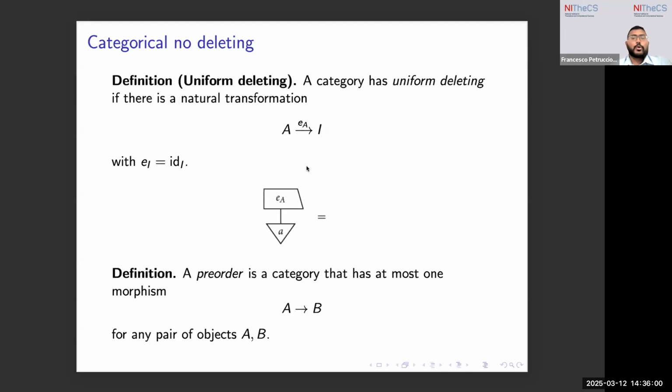So it turns out with this notion of uniform deleting, we get the no deleting theorem in the categorical context, namely that if we had such a deleting, our category must trivialize in some way. The way it trivializes is that we obtain what's called a preorder. A preorder is simply a category that has at most one morphism between any two objects.